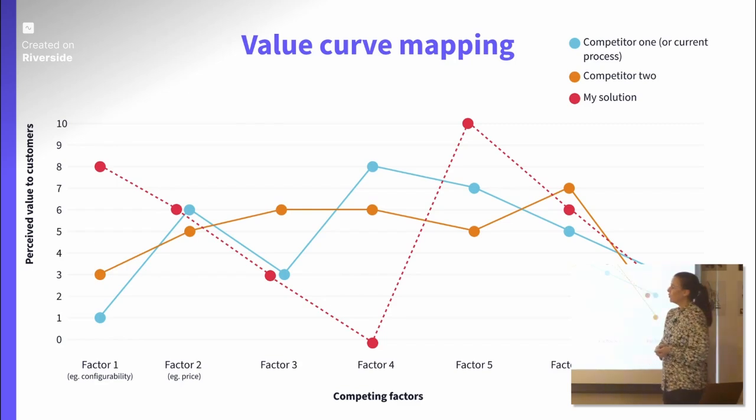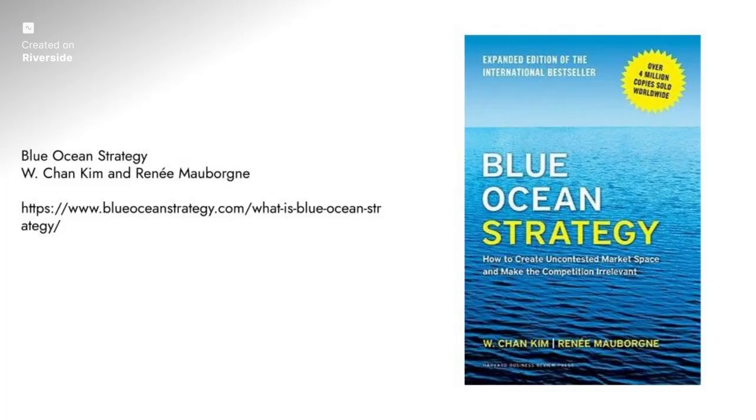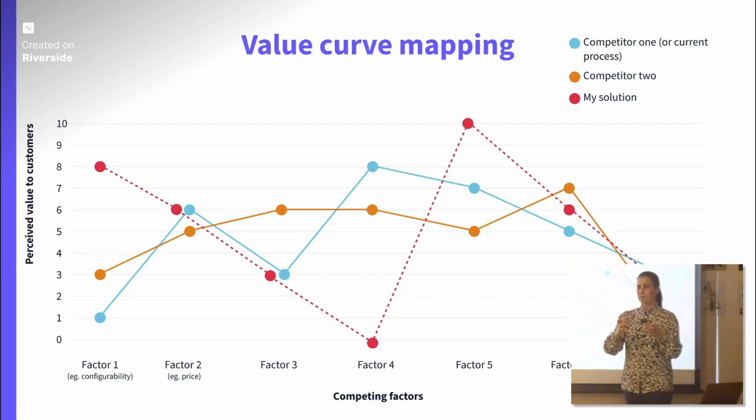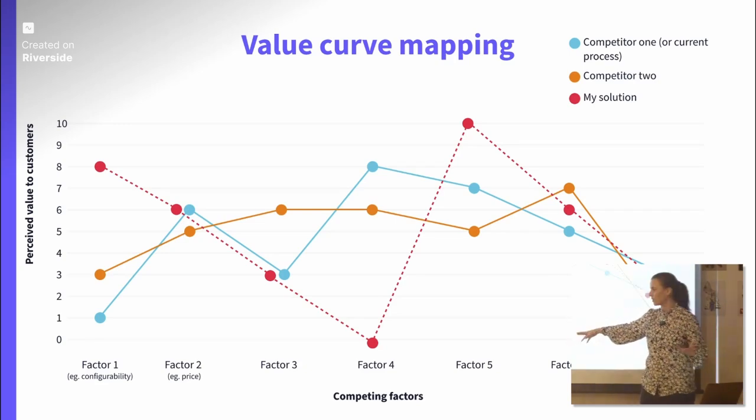And another tool that's very, very useful is the value curve mapping. The value curve mapping comes from the Blue Ocean strategy. After you conduct customer research, and you identify the factors that make them choose your product against others, in terms of what the competing factors are, you can then map their perceived value for each factor, for example, configurability of a product or the price, depending on the factors.